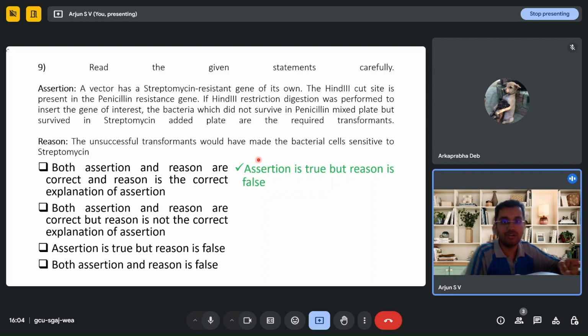So the reason is false, but the assertion is true, because the Hin3 cut site is in the penicillin gene, so if you are cutting with Hin3, you are cutting the penicillin gene as well. So the penicillin resistance would not have been coded. So the transformants would not have survived the penicillin mixed plate.